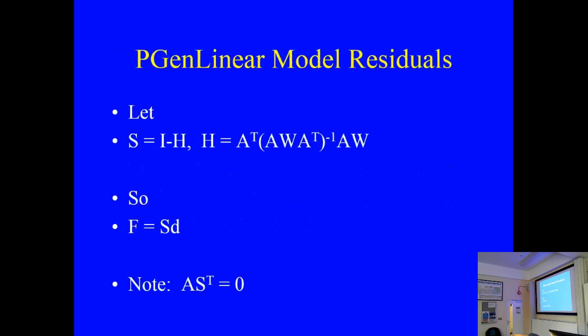And coming back to our general problem, and repeating the other slide, we have the vector f equal to matrix S times d, and this results in A S transpose equals 0.